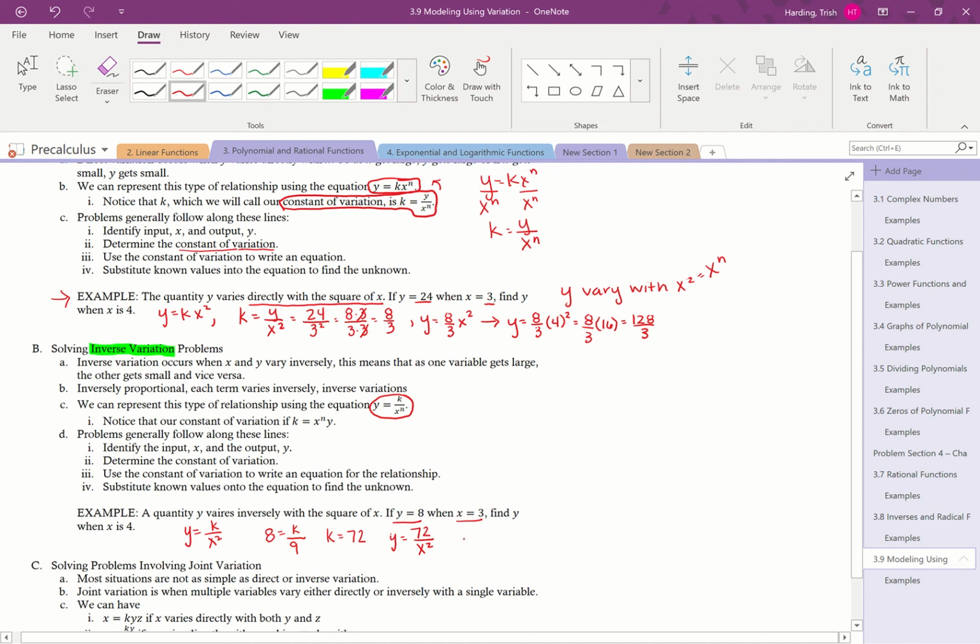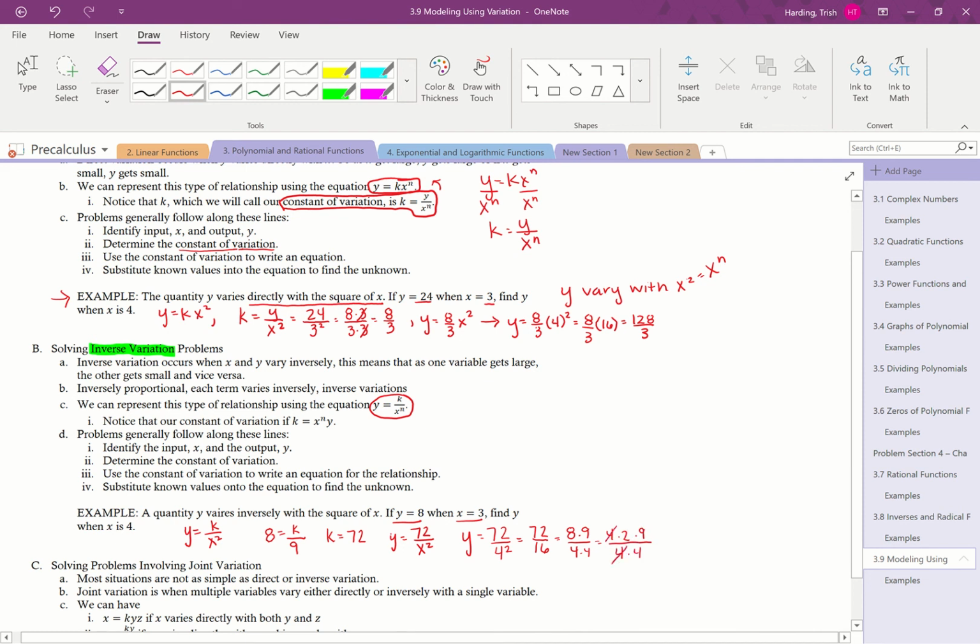Now, when x is 4, we're going to get 72 divided by 4 squared, which is 72 divided by 16. So we can go ahead and break this down, and we will get 8 times 9 over 4 times 4, 4 times 2 times 9, because 4 times 2 is 8, over 4 times 4.